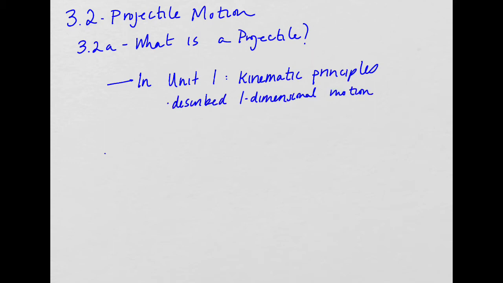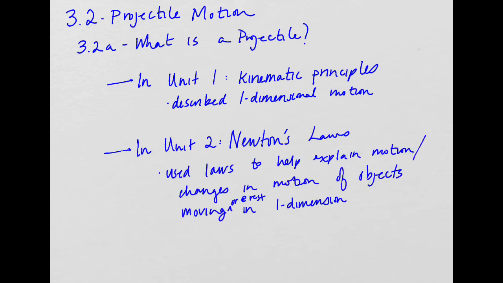We described one-dimensional motion. In Unit 2, remember, that was all about Newton's laws. And remember, we used Newton's laws to help explain motion and changes in motion of objects that were moving or at rest in one dimension. So now, in this part of the course, we're going to take the kinematic principles and Newton's laws, and we're going to use them to explain motion in 2 dimensions.